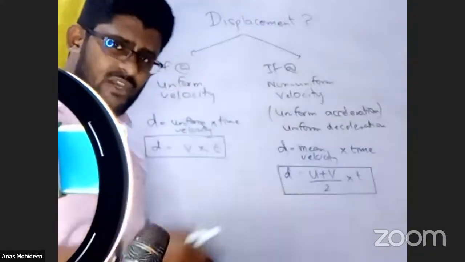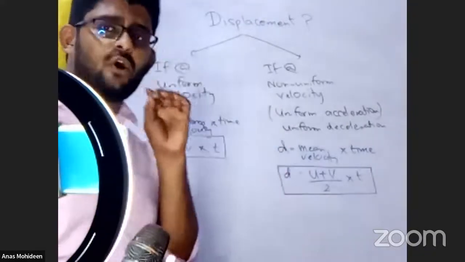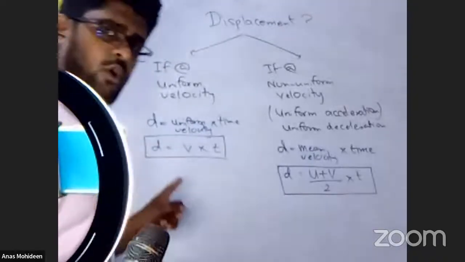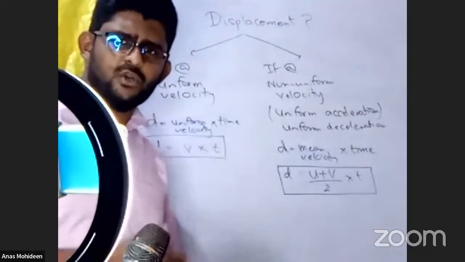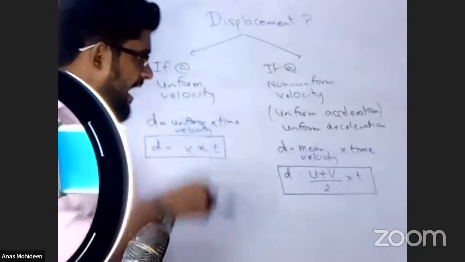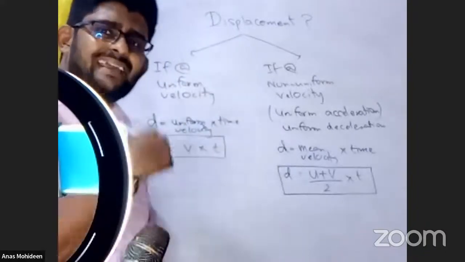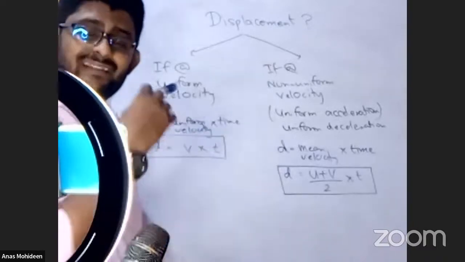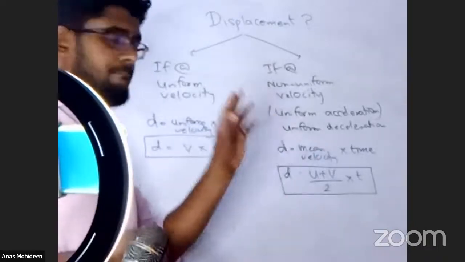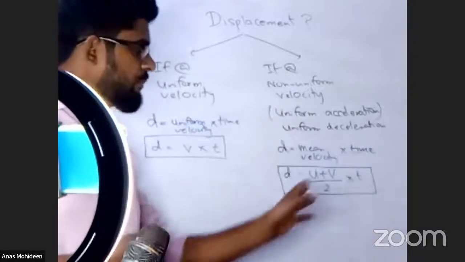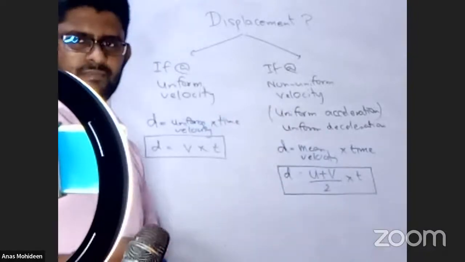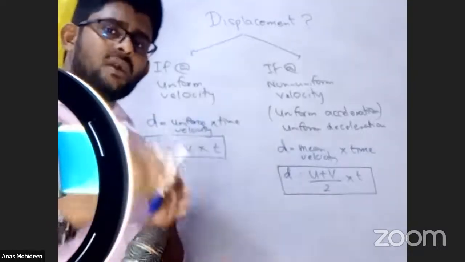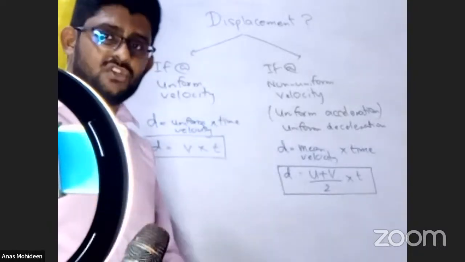So two equations here. Summary: if the object is moving at the same velocity, displacement is equal to velocity into time. And if the object is moving with acceleration or deceleration, then the displacement is equal to mean velocity into time, u plus v over 2 into t. This is how we have to apply the equation depending on what sort of motion the question is giving.